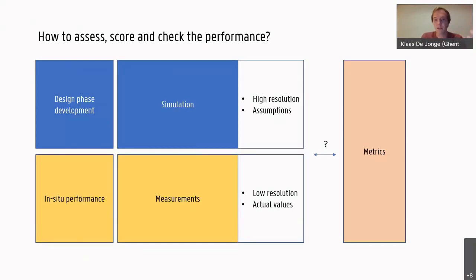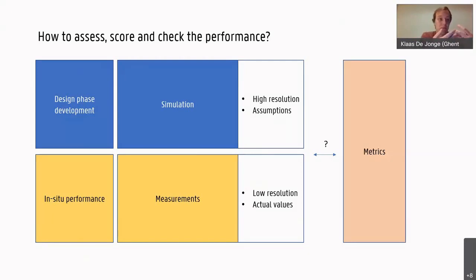Now, the problem we found when trying to come up with the right metrics is that the kind of data you get from simulations and from measurements is different. Typically, in simulations, you have a very high resolution. You know where the people are, you know what they are doing at which points, you know what the concentrations of each room separately are. But on the other hand, of course, it's simulation, so there are a lot of assumptions.